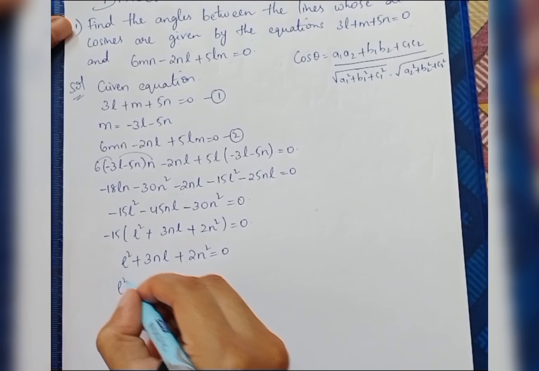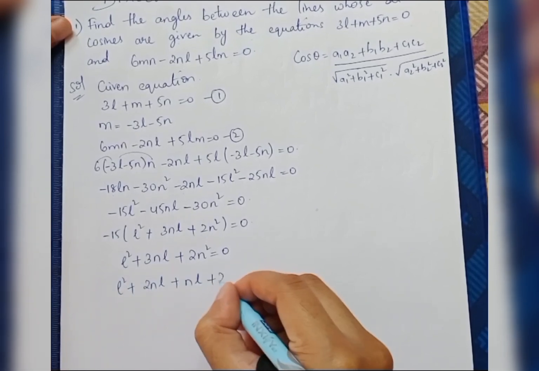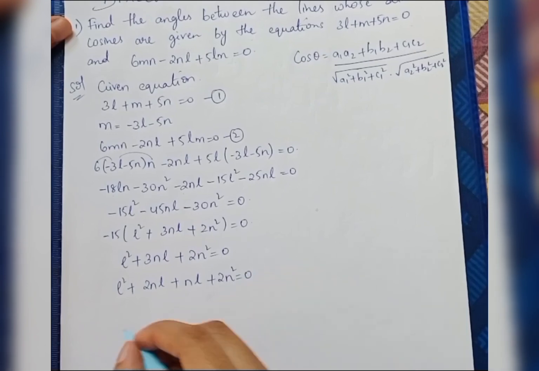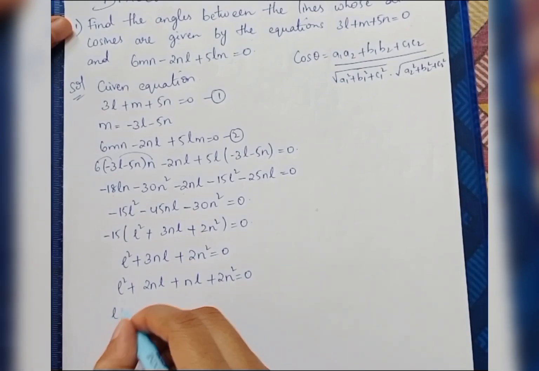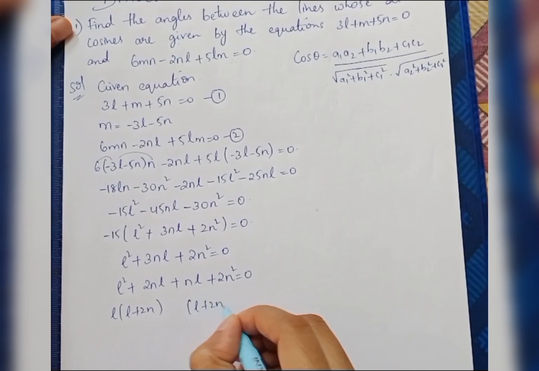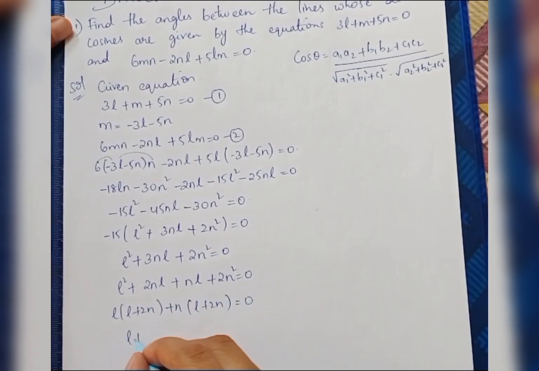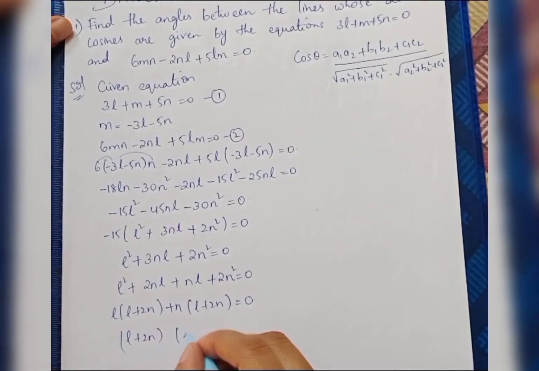So it will be l square plus 2nl plus nl plus 2n square equal to 0. So taking l common, it is l plus 2n, and taking n common from the rest, we get l plus 2n, so l plus 2n is one factor, and another factor is l plus n equal to 0.